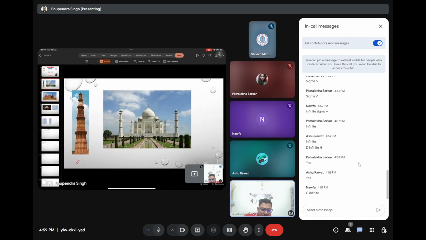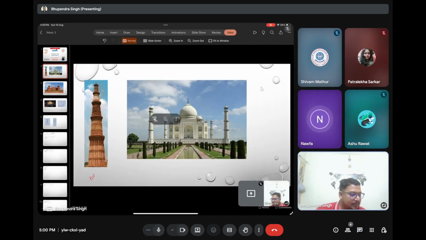Somebody was saying C infinity. C infinity for this Qutub Minar, right?